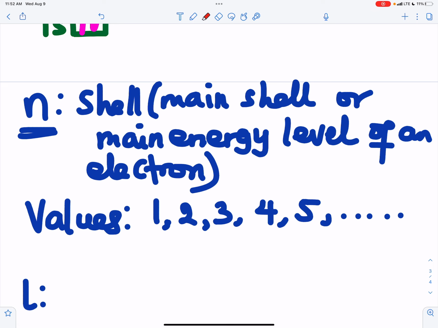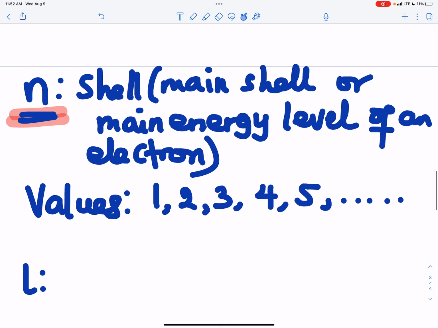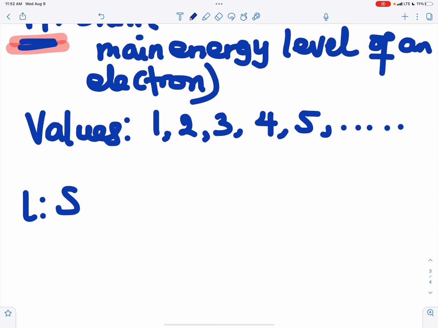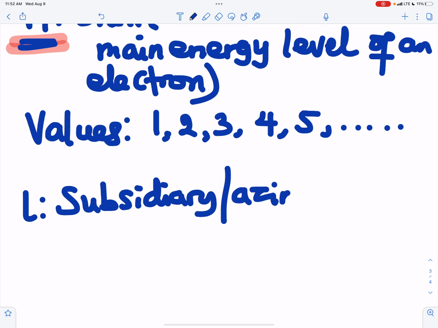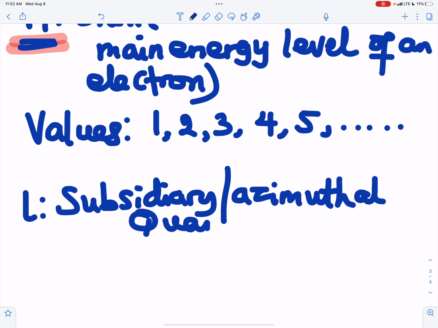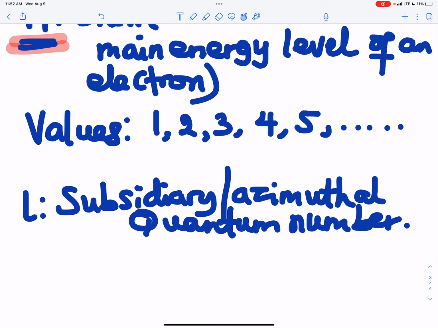L is the subsidiary or azimuthal quantum number. I wrote that upstairs, so you can check.